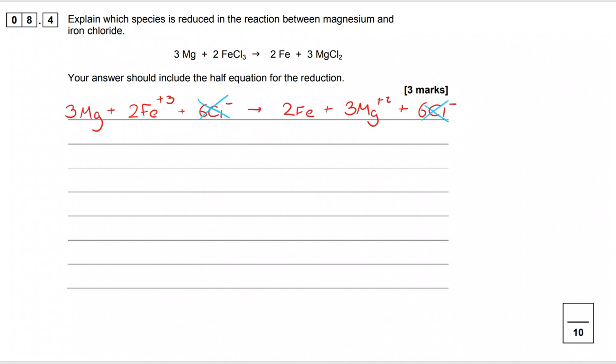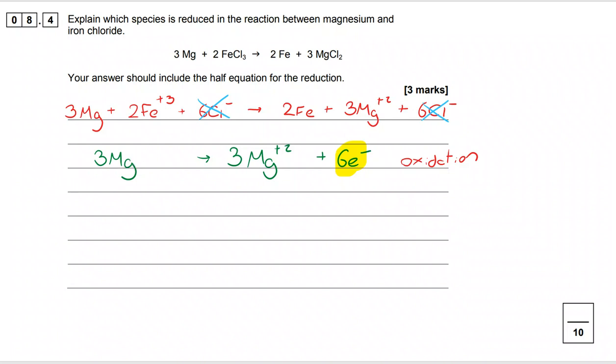From there, I can start to build my half equations. My 3Mg goes to 3Mg2+. To do that, I'm going to need 6 electrons on the right-hand side. Because the electrons are on the right-hand side, that means magnesium has lost 6 electrons to become 3Mg2+. Loss of electrons is oxidation. The question is about reduction.